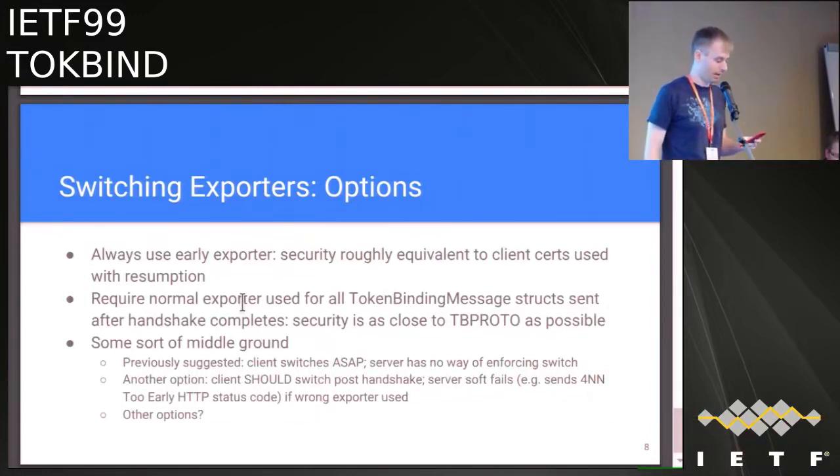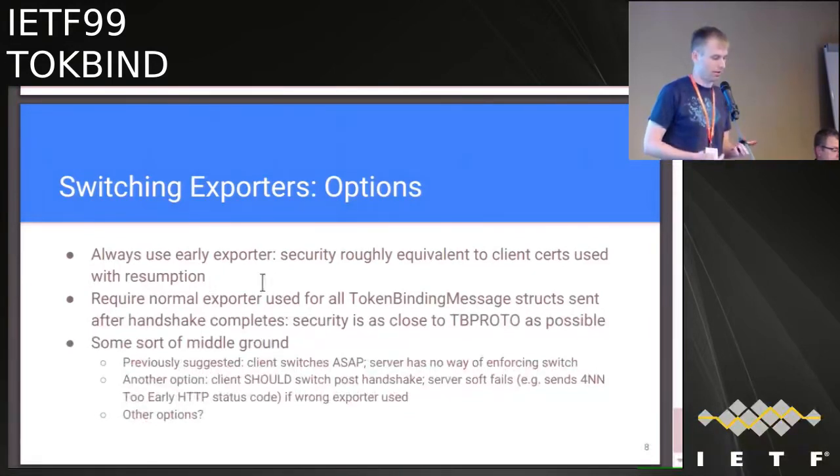The biggest issue that I have with this is that it is very difficult to define. You could have a token binding message that is split across early data, somewhere before and somewhere after. We have covered some of this in the previous presentation. And it also is very difficult to implement due to the layering of protocols.